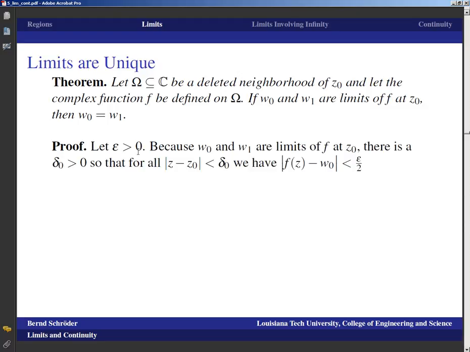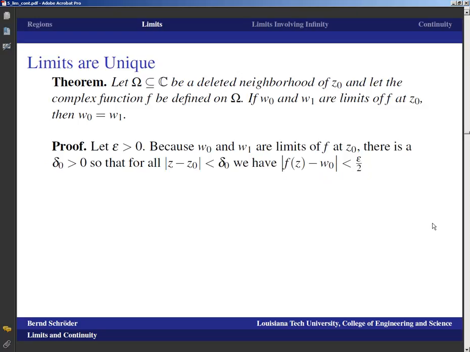Well, okay, so we pick any epsilon greater than 0. Because w0 and w1 are limits of f at z0, there must first of all be a delta 0, so that for all z with |z minus z0| smaller than delta 0, we have that |f of z minus w0| is smaller than epsilon over 2. That comes from the definition, and if the definition works for all epsilon, then it also works for an epsilon prime that is epsilon over 2. Don't worry about why I chose the epsilon over 2.